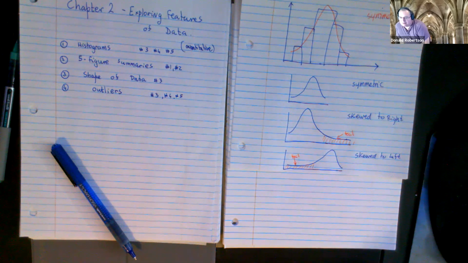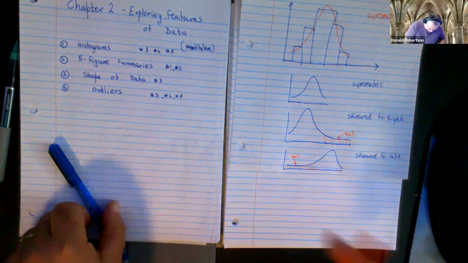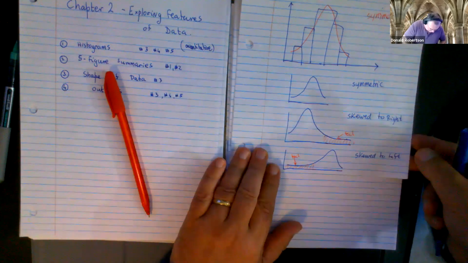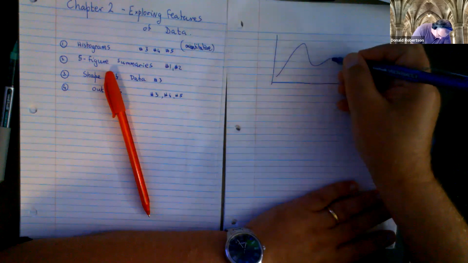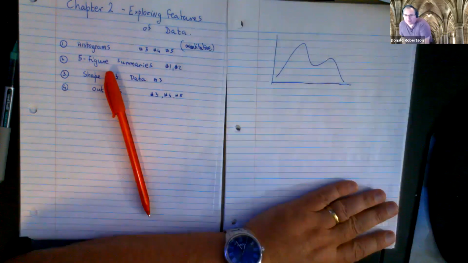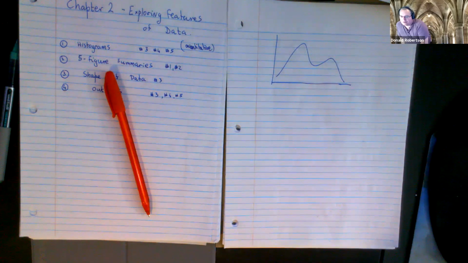Now, another feature that you sometimes want to describe in a histogram. This isn't its official name. This is my name for it. Can you imagine a histogram that climbs up and then climbs down, then later on climbs up and back down again? It's basically got two hills.